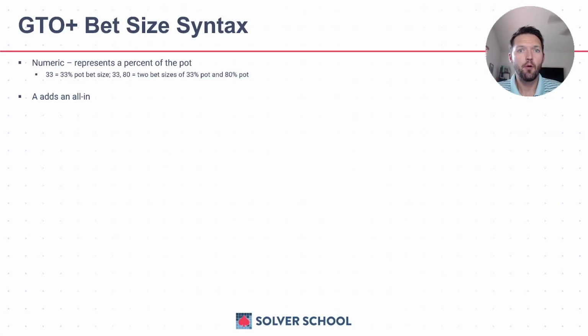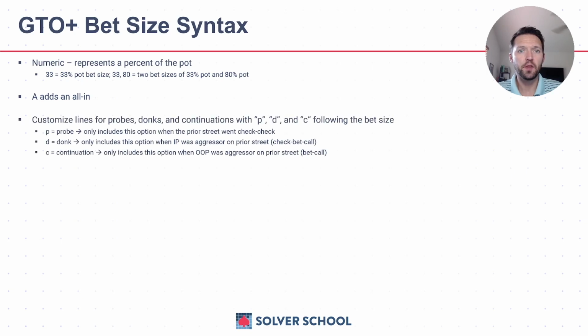All right, now we're back here, and let's take a look at the next options, which are honestly my favorite functionality to utilize when building game trees within GTO+. You can customize lines for probes, donks, and continuations with the letters P, D, and C following a particular numeric bet size.